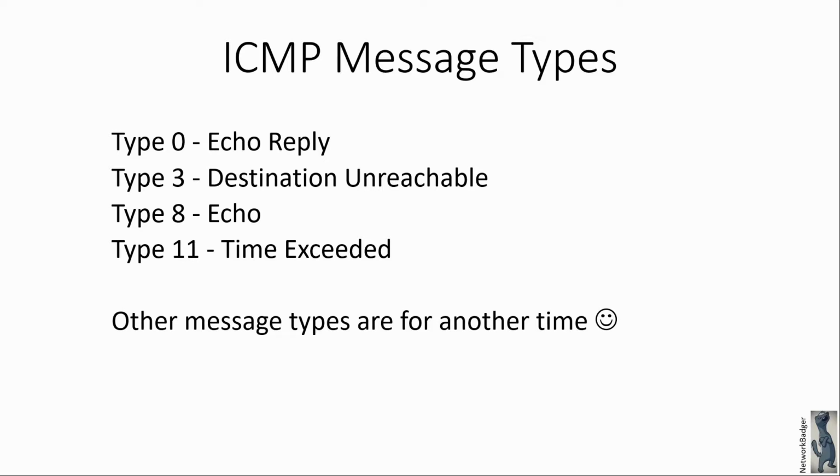Let's step back for a minute and recall that any IP packet, and remember ICMP is inside an IP packet, so any IP packet has an expiration date, so to say. When a packet is launched, it has a TTL, time to live, value set.